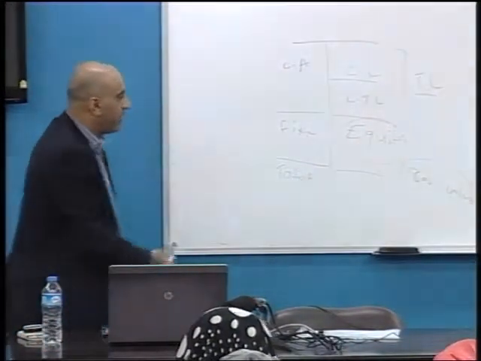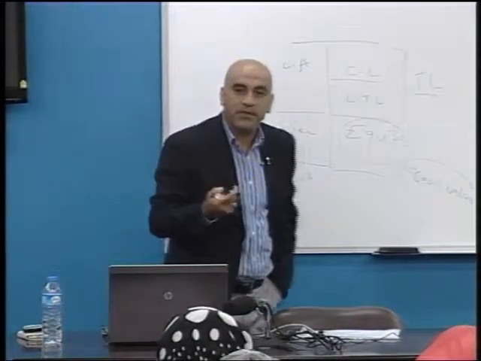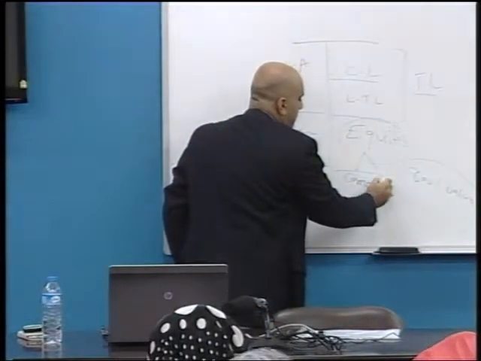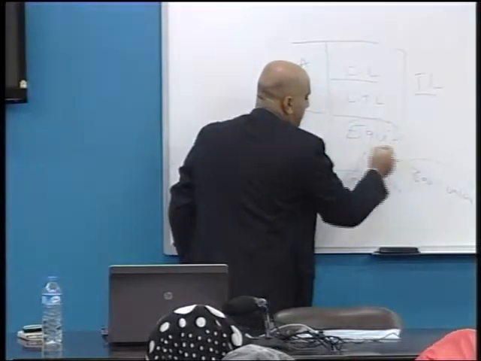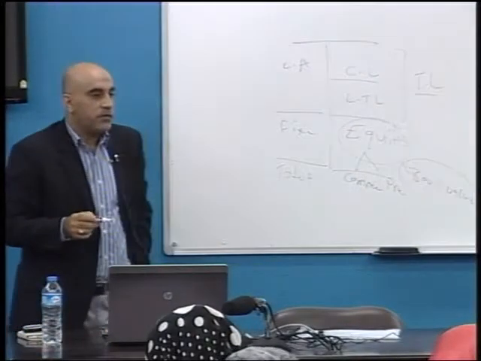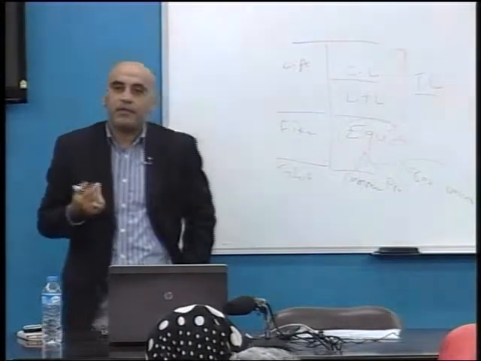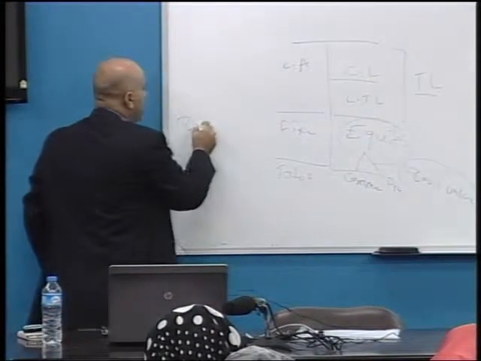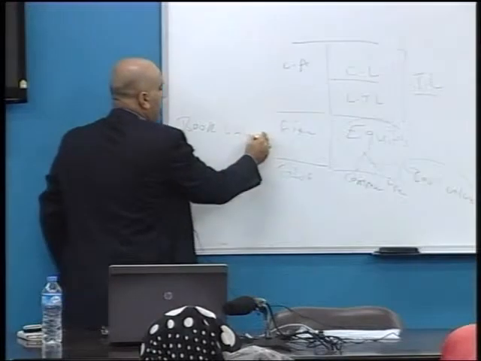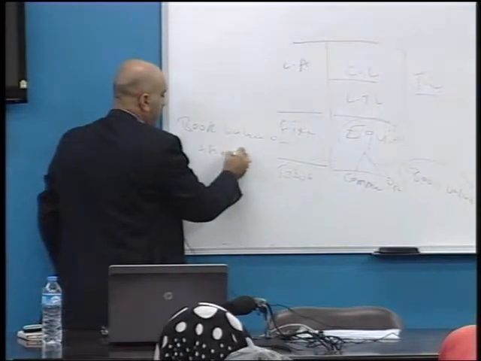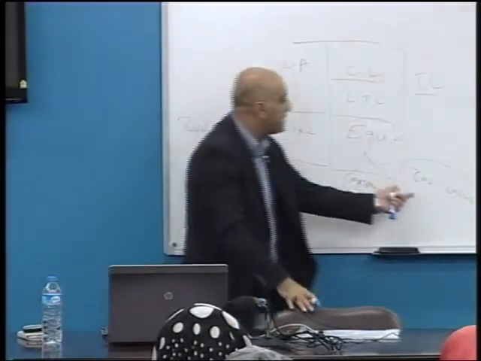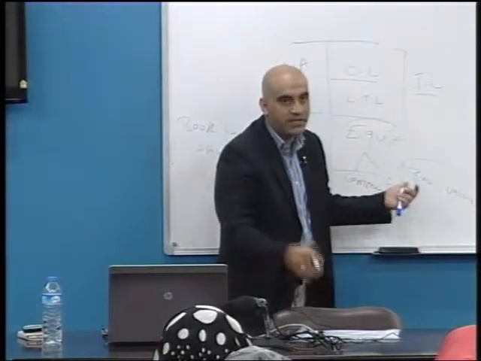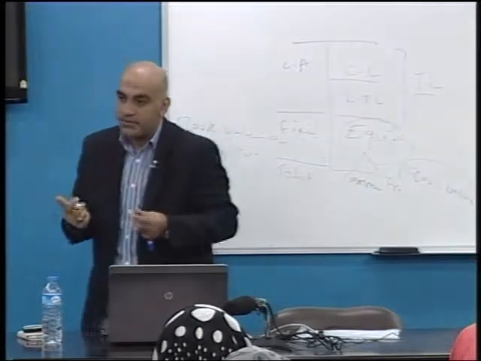But the problem is that it includes the common and preferred stocks. So if I want the book value of the common stocks, we deduct the preferred stocks from the book value, and we end up with the book value of the common stocks.